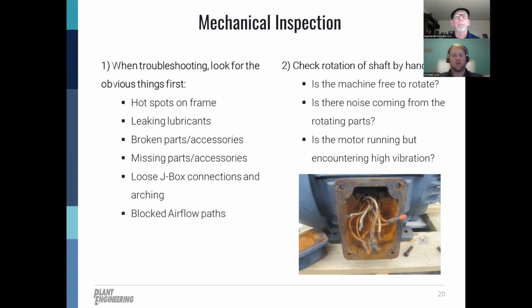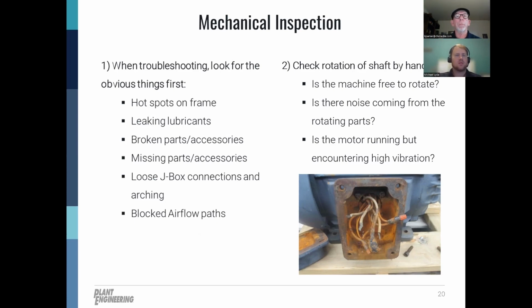We are in kind of hurricane season down here in the Southeast. We do have a lot of facilities that may experience weather events and have floods. If you have motors that get flooded out, before you start them back up, you need to get all of that moisture or water out of the interior of the motor.